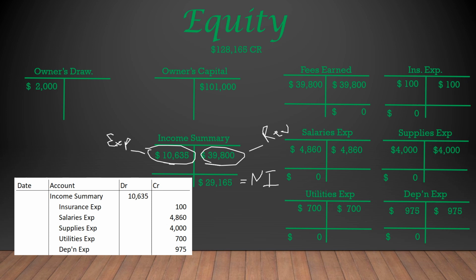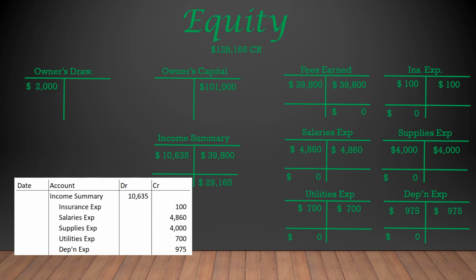Note that if Coats & Arms had a net loss, expenses would exceed revenues, and this account would carry a debit balance, not a credit balance. If after this step, this balance does not equal net income, or our net loss as the case may be, we know we likely have overlooked closing out a revenue or an expense account.